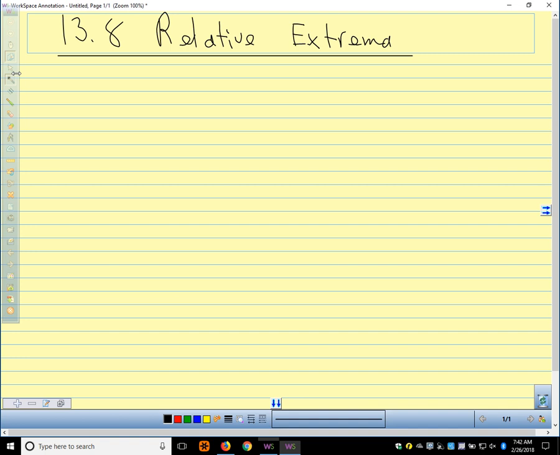We have something similar for a multivariable function. I'm just going to talk about a two-variable function here, but it's any multivariable function.